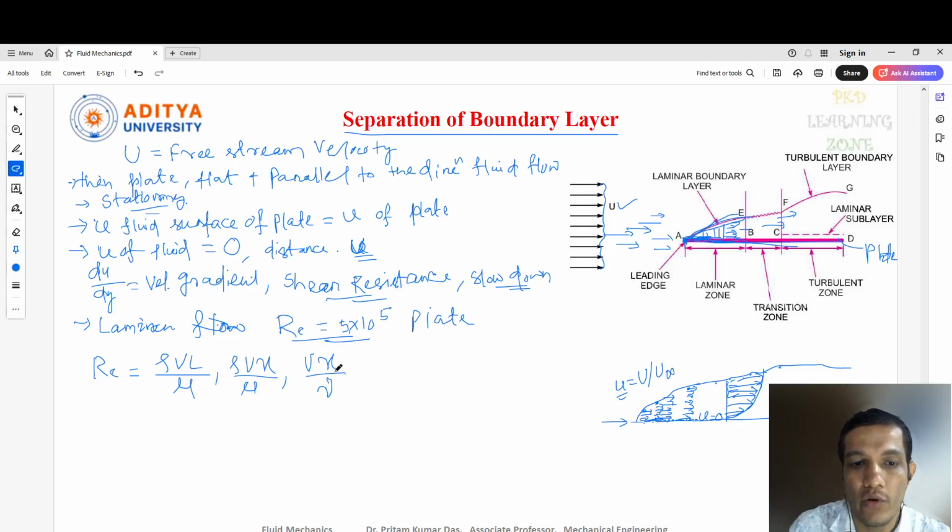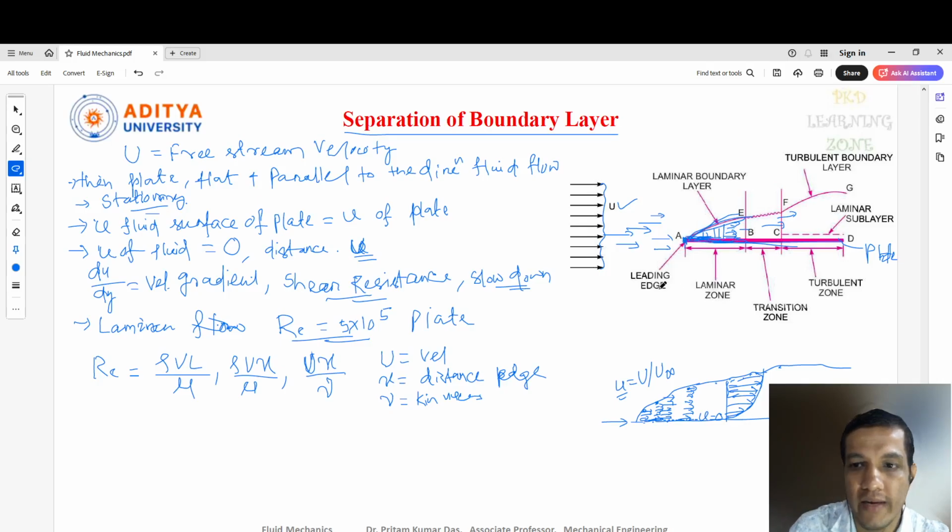V, or you can write U also. So here let's write U. U is the velocity that we know, and x is the distance from the plate, from the edge you can say. And nu is the kinematic viscosity.